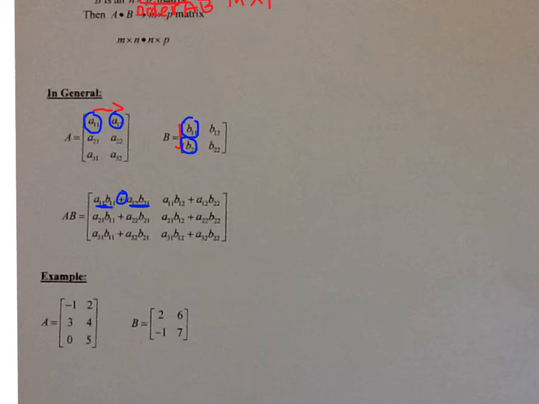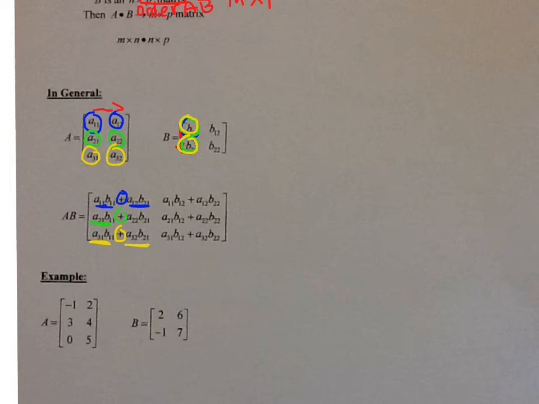So you take this number here and multiply by this number here, which gives you this number. And then you add that to this number times this number. Okay, and then you go to the next one. You take this number here, multiply by this number to get this number here, and then add it to this number times this number, which gives you that number. All right, and then you go on to column 2.